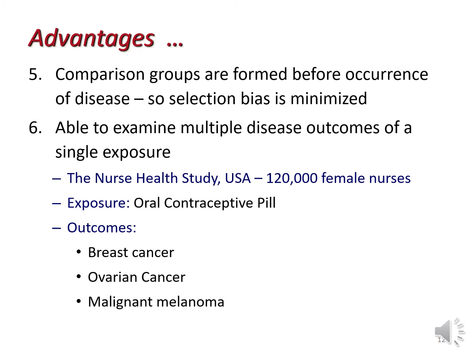For example, a cohort study was conducted in USA on 120,000 nurses to find out the effect of use of oral contraceptive pills. Researchers observed multiple outcomes from this single exposure, that is breast cancer, ovarian cancer and malignant melanoma.